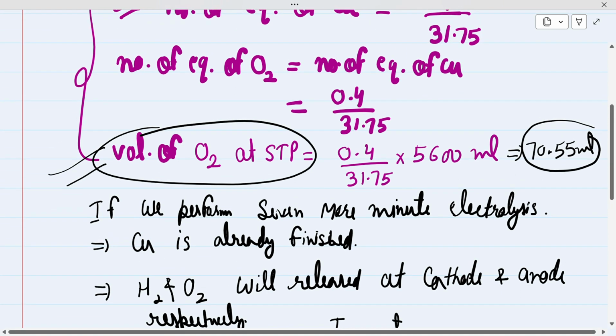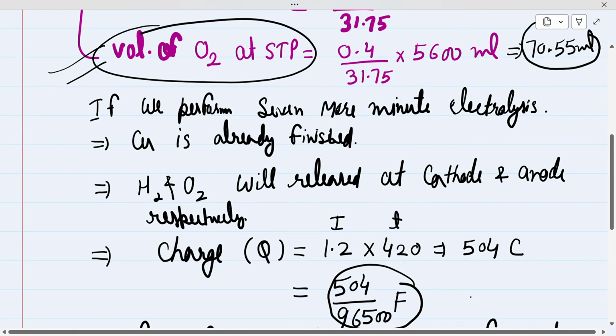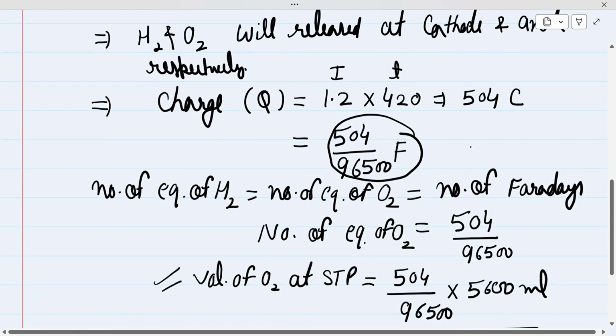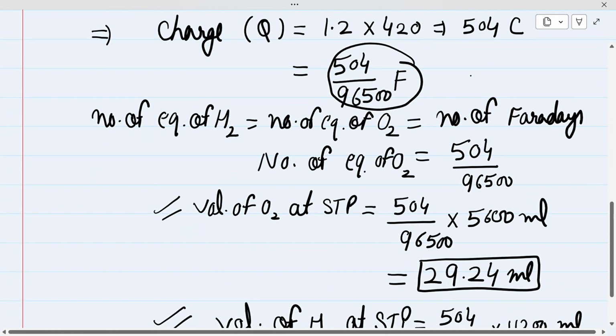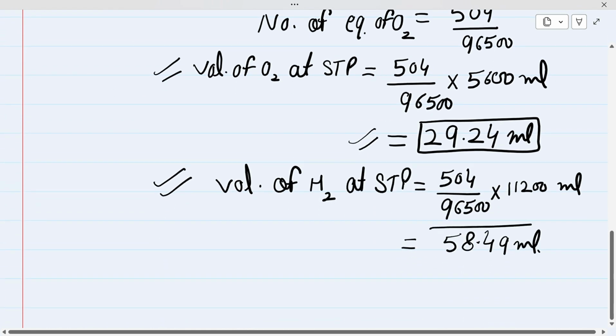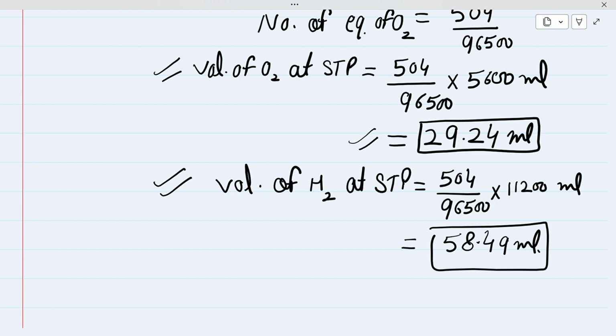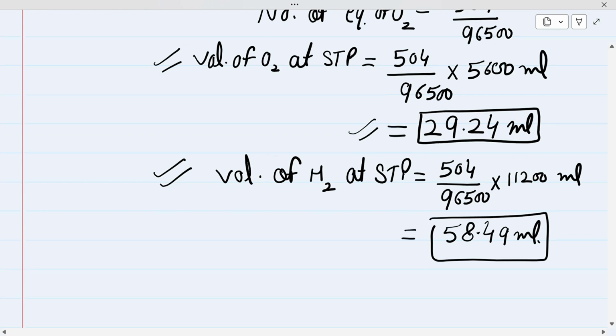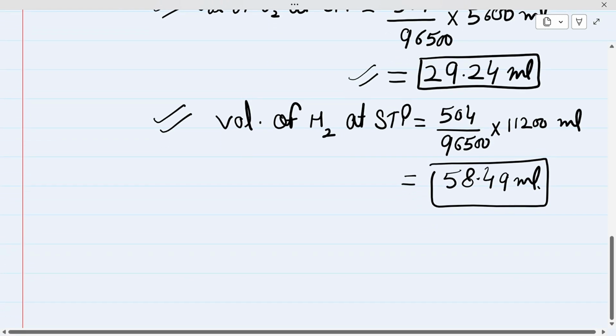If copper is finished, then the volume of O2 will be 29.24 ml and the volume of hydrogen will be 58.49 ml.